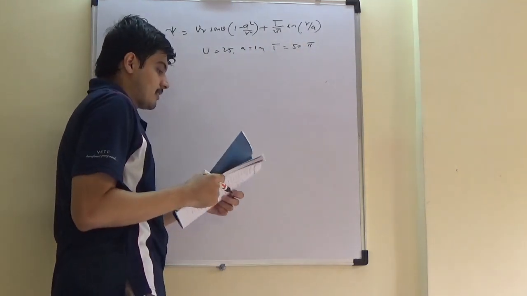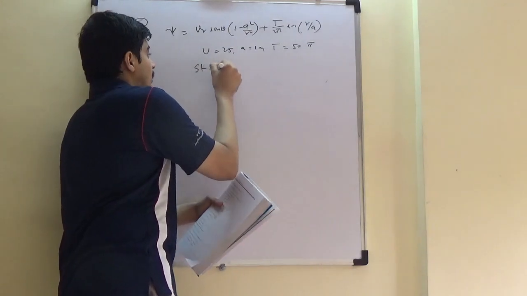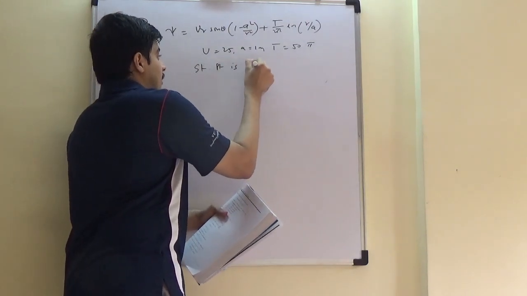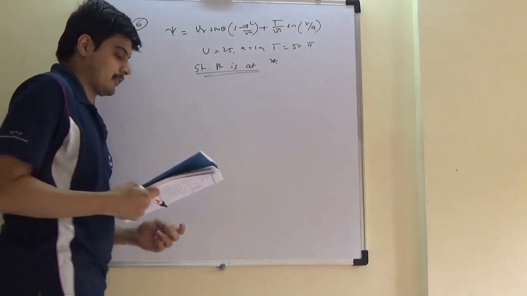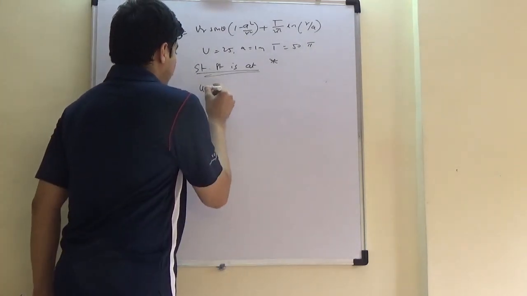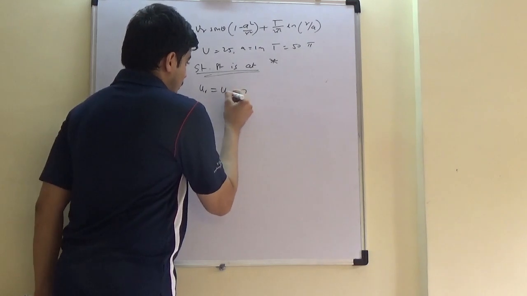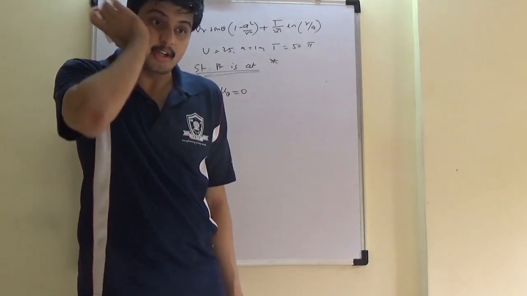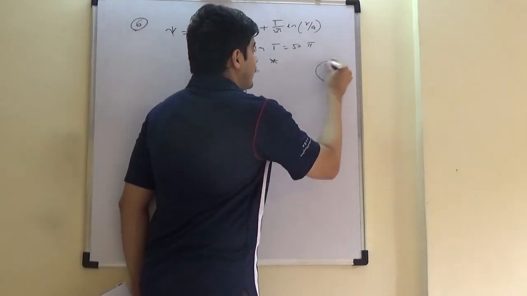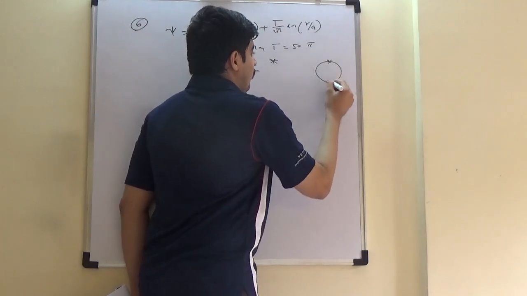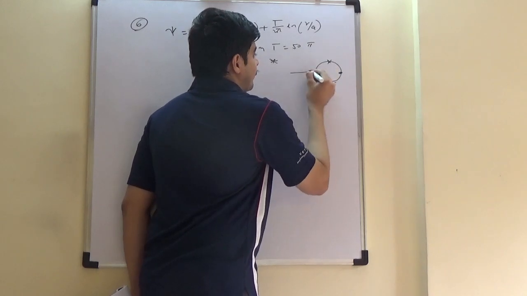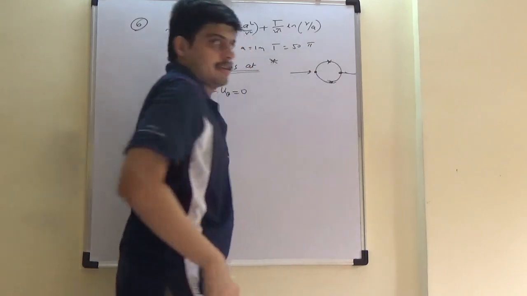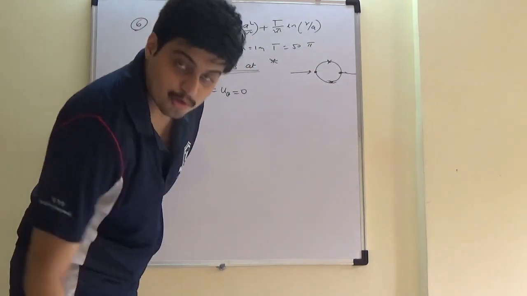In this case, the stagnation point is at, this is very important, UR equal to U theta equal to 0 is the condition for stagnation point. For the non-rotating cylinder, it was easy to tell what the stagnation points were, this point and this point, because there was no UR, there was no U theta.